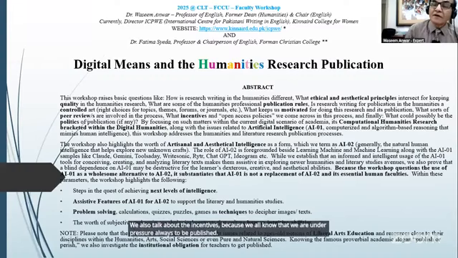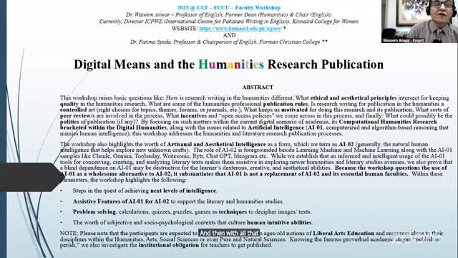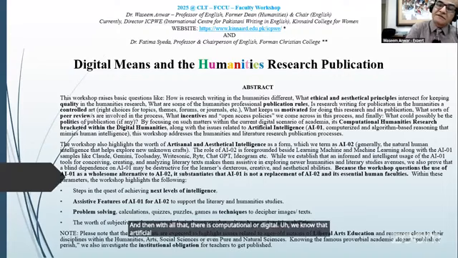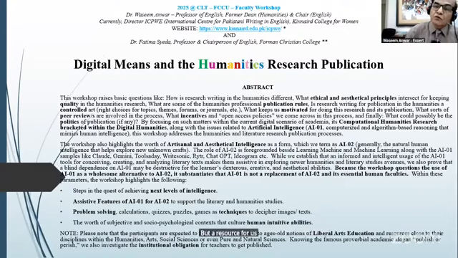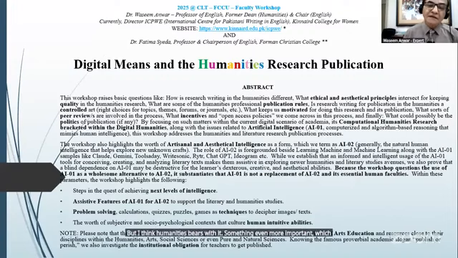And then with all that is computational or digital, we know that artificial intelligence has become a very good resource for us to learn many things through it. But I think humanities bears with it something even more important, which could be aesthetical, which could be artisanal even.